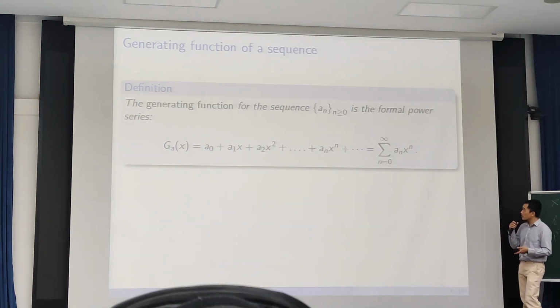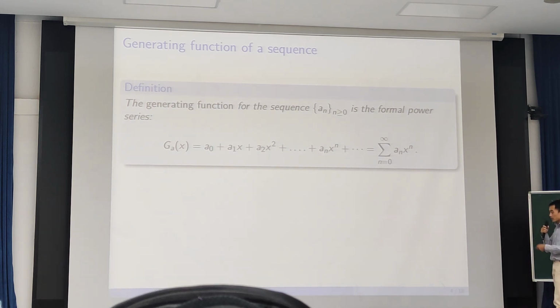Then we will associate this sequence with a formal power series, which is so. The coefficients of this series are exactly the corresponding terms of the sequence. Okay, so here you have x to the power 0. So the coefficient is a_0. Here x to the power 1. The coefficient is a_1, and so on. Okay.